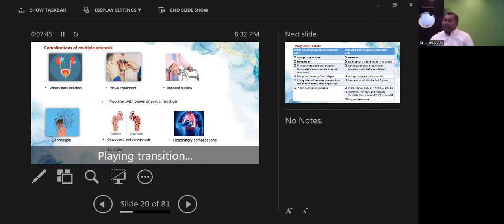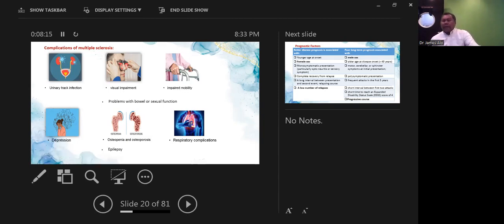And then we have impaired mobility because cranial nerve number 8 is affected. Now we have problems with bowel or sexual functions. As I mentioned with the symptoms, the patient will be suffering from depression. Now we have osteopenia or osteoporosis, and then epilepsy, and then respiratory complications. So these are the complications a multiple sclerosis patient will suffer.